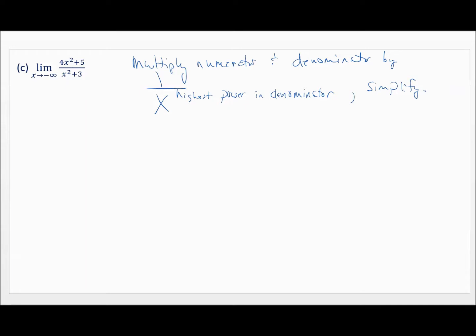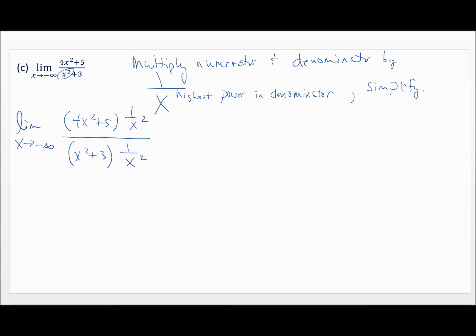So, first of all, the highest power in the denominator is x squared. So what I'm going to do, don't forget your limit in the front, x goes to negative infinity, I'm going to multiply the numerator 4x squared plus 5 times 1 over x squared, and I'm going to multiply the denominator x squared plus 3 times 1 over x squared.